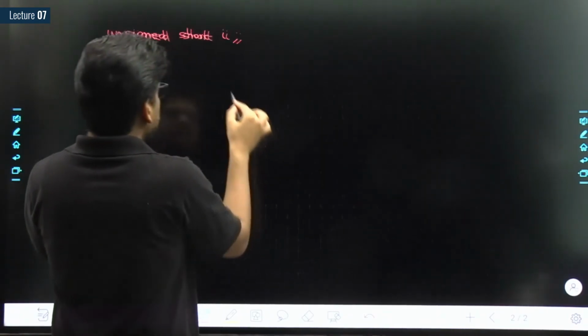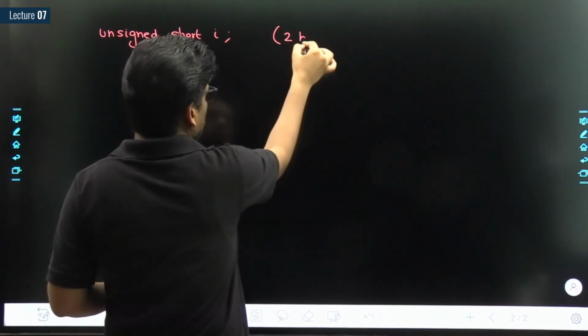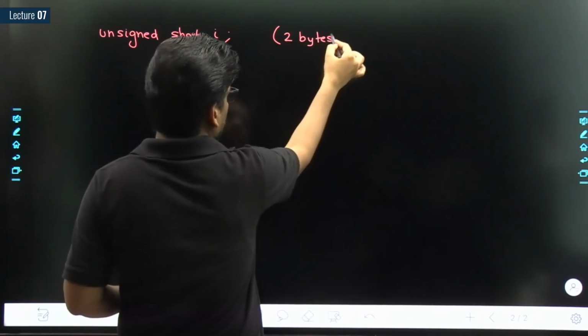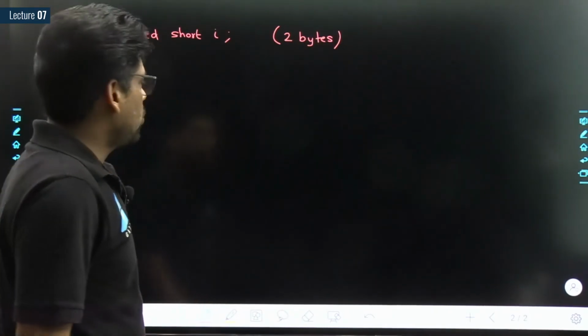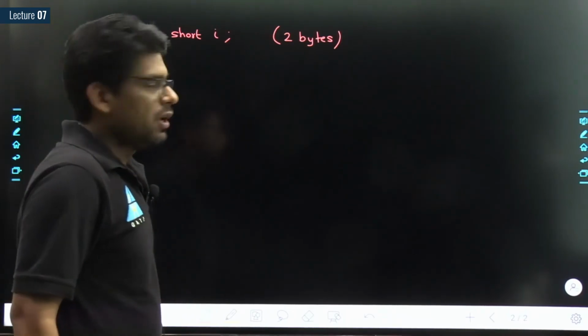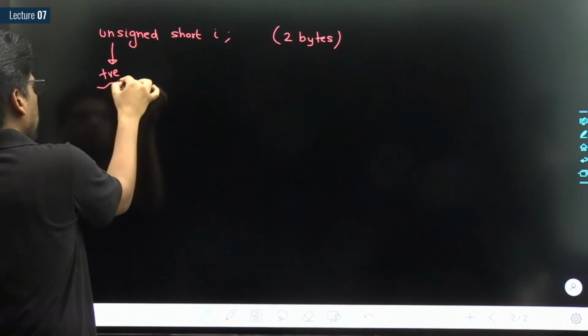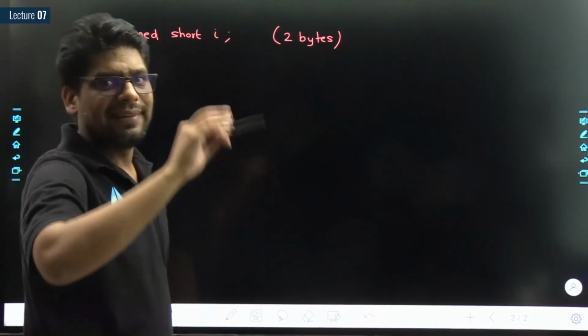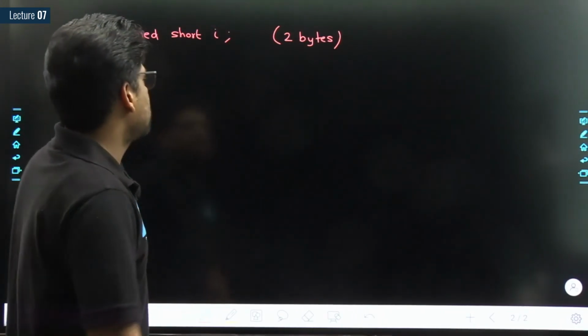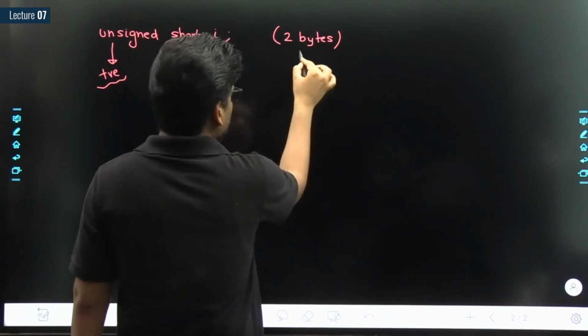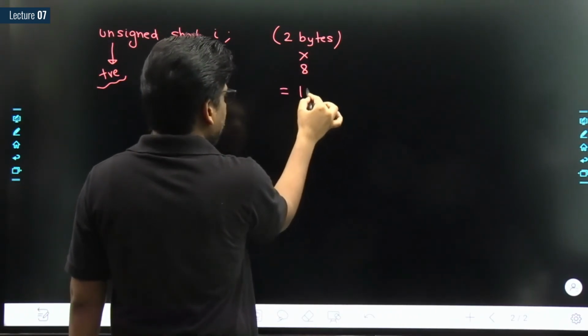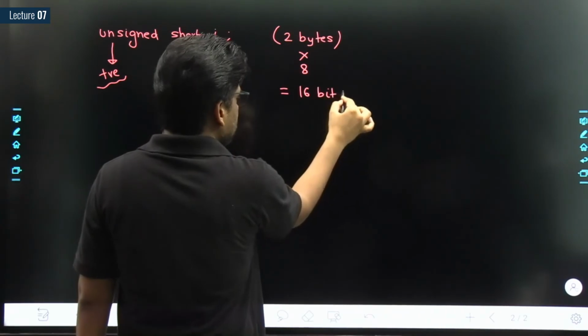Sir, if I say that a short is of 2 bytes, what is the meaning of unsigned? Sir, only positive numbers are allowed. That means 0 to something. Okay, sir. Sir, if it is of 2 bytes, that means how many bits? 16 bits.